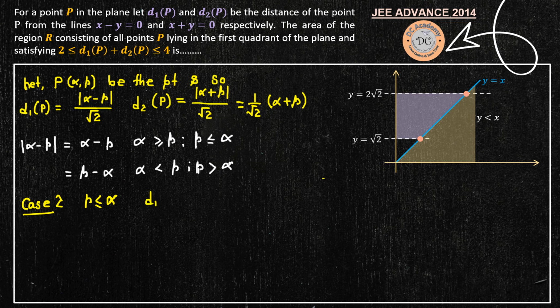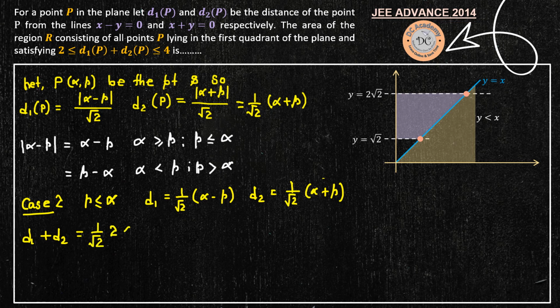So we can say that d1 is equal to 1 by root 2 into alpha minus beta, and d2 will be 1 by root 2 into alpha plus beta. If I calculate d1 plus d2, it is 1 by root 2 into 2 alpha, since beta and beta get cancelled.